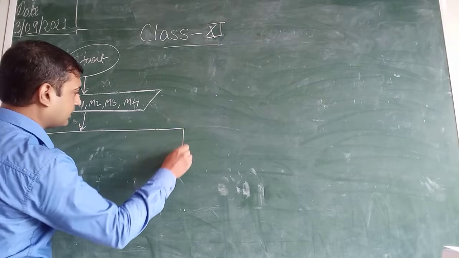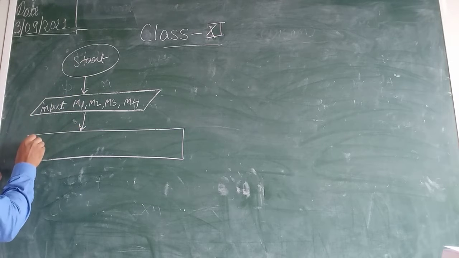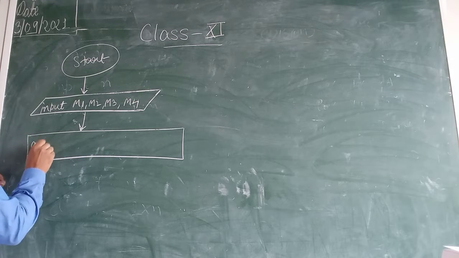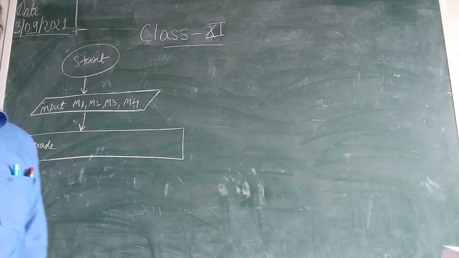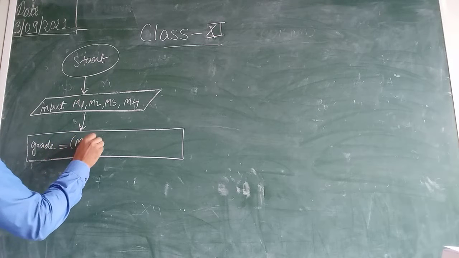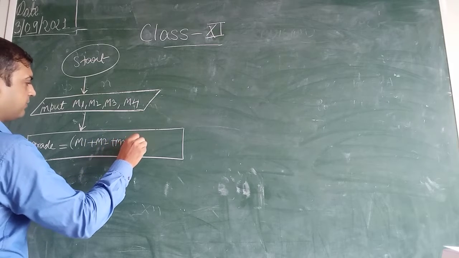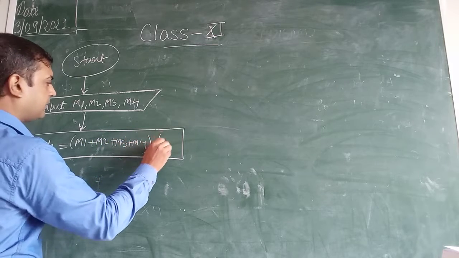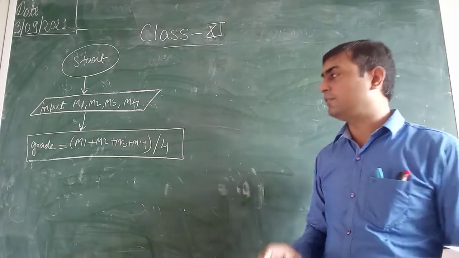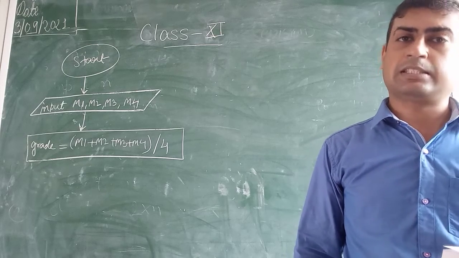In this rectangle, you can use any variable. Grade is equal to M1 plus M2 plus M3 plus M4, divided by 4. If you have 4 subjects, you divide by 4. If you have 6 subjects, you divide by 6.